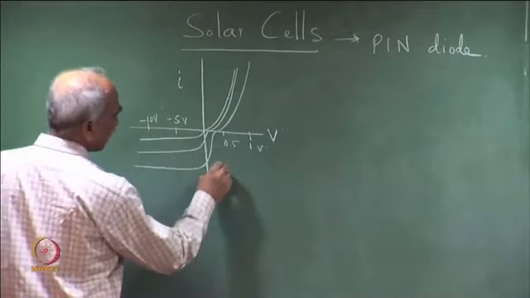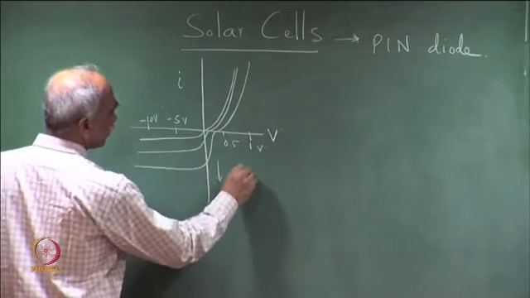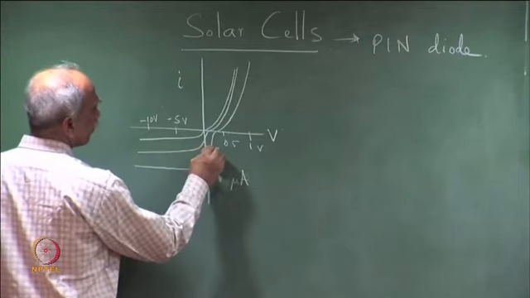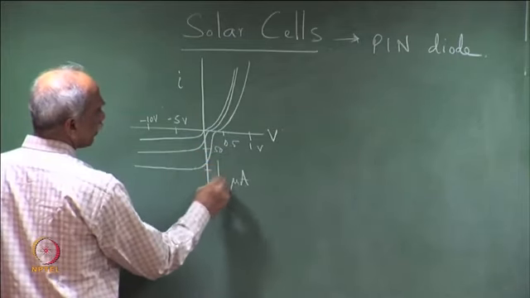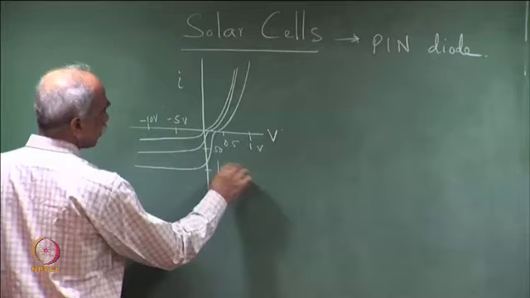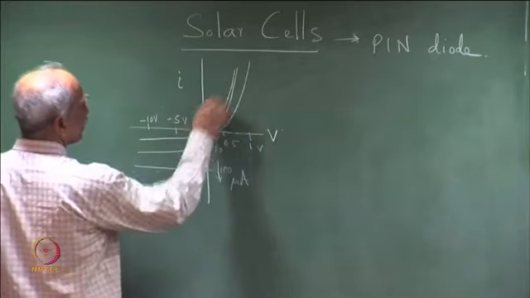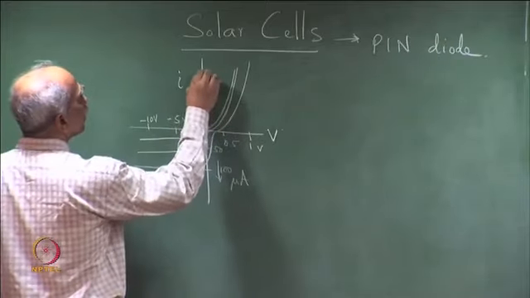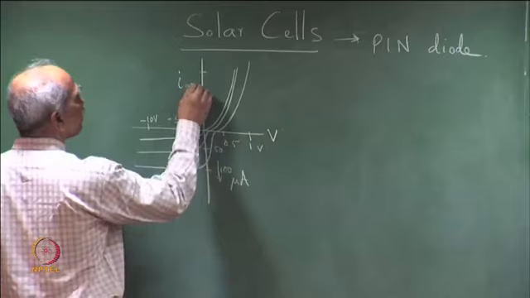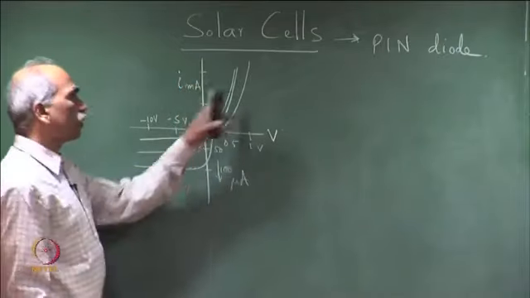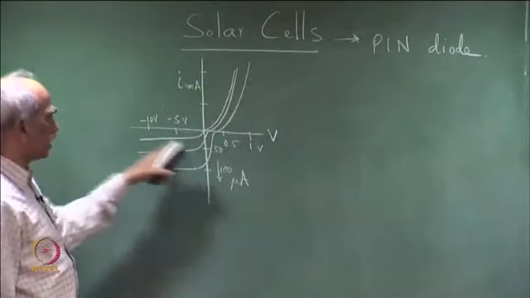Similarly, the current here is in microamperes, typically 50, 100 microamperes, and here the current is typically in milliamperes, because this is the forward bias region and this is the reverse bias region.